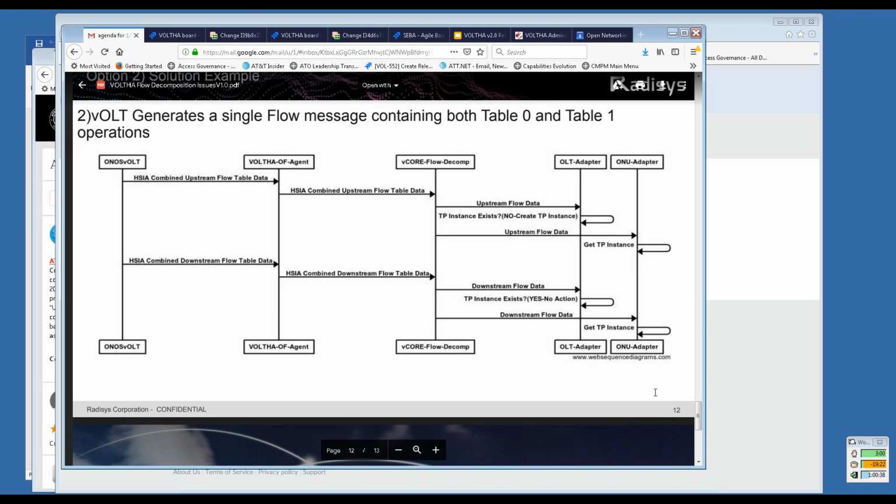So yeah, let's see. Even if you pass both upstream and downstream, no, wait, you did something so that both table 0 and table 1 flows were sent to both ONU and OLT adapters, right? Earlier, only one of them was going to one of them. Well, it's split up.